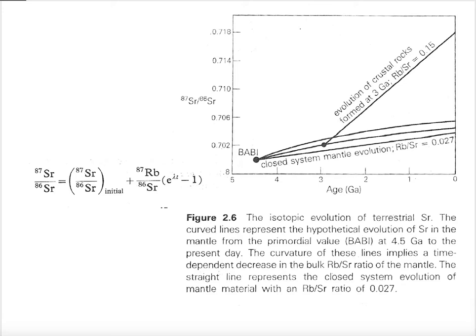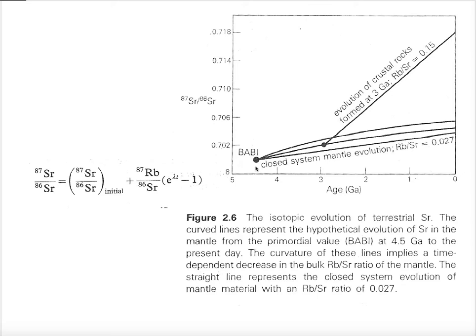So, you have the decay from rubidium 87 to strontium 87 that you can also measure, and the initial value of the ratio between 87 strontium and 86 strontium is exactly 0.6999, 4,500 million years ago.